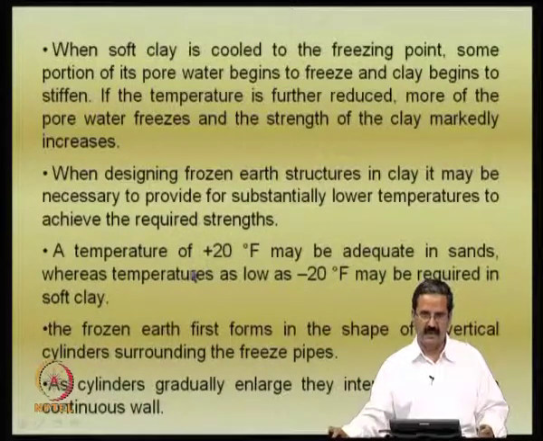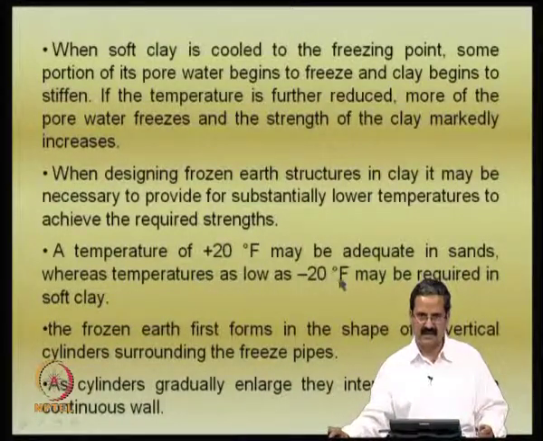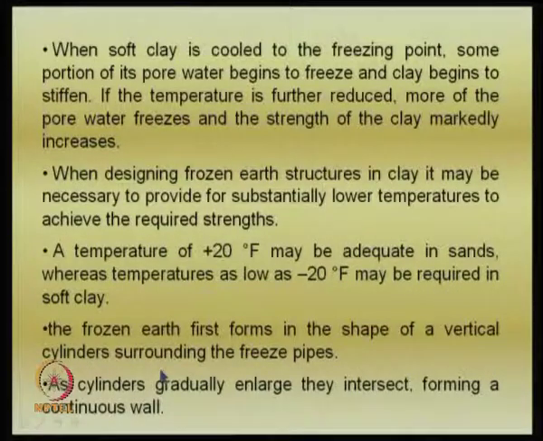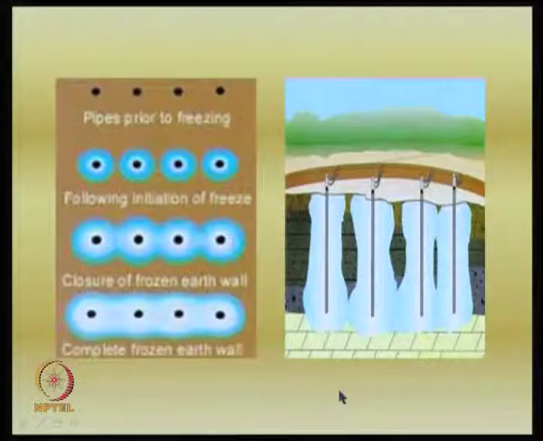A temperature of plus 20 Fahrenheit may be adequate in sands, whereas temperatures as low as minus 20 Fahrenheit may be required in soft clays. The frozen earth first forms the shape of a vertical cylinder surrounding the freeze pipes. As the cylinders gradually enlarge, they intersect, forming a continuous wall.